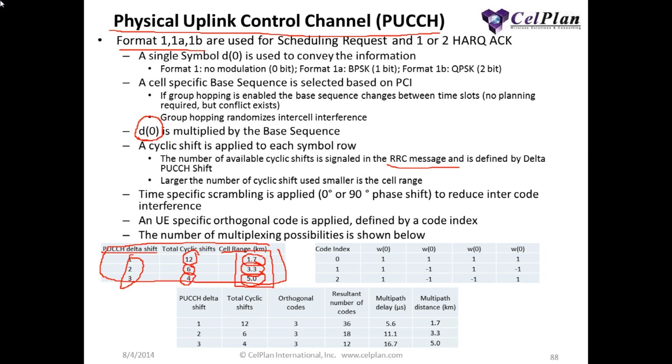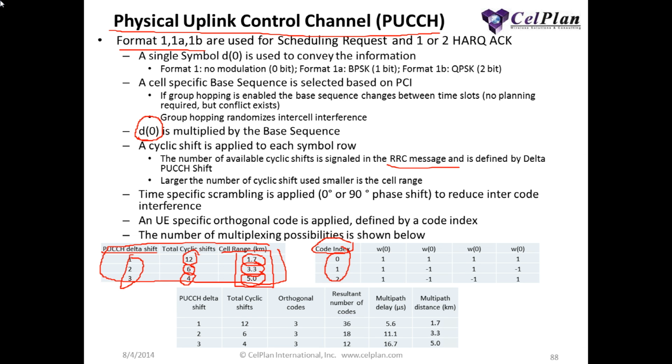Then we have the code index that is also informed, and is 0, 1, or 2, and it is informed for each UE, and that will help it to increase the orthogonality.